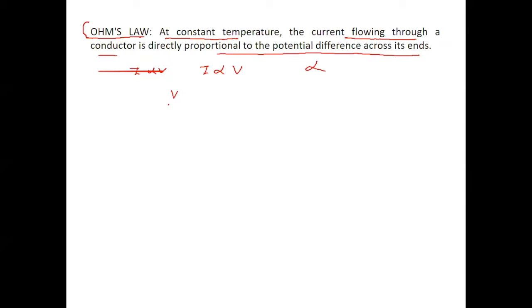V, what does V mean? The potential difference. And I is current. So if we increase the voltage, current also increases.